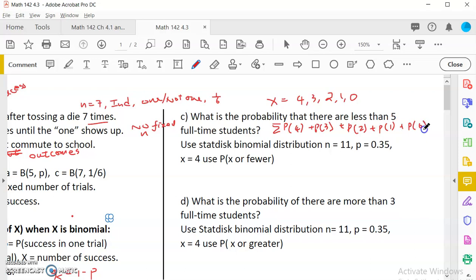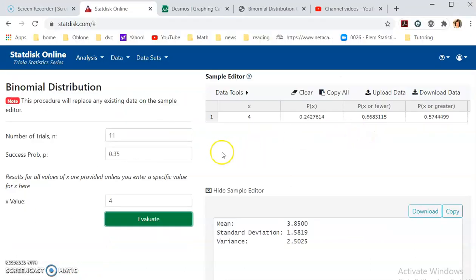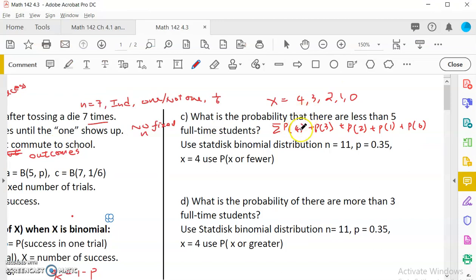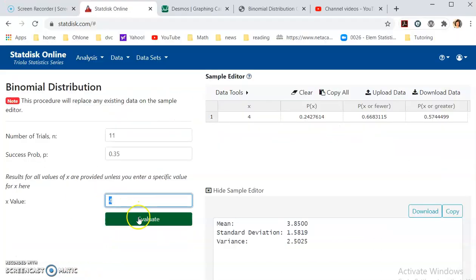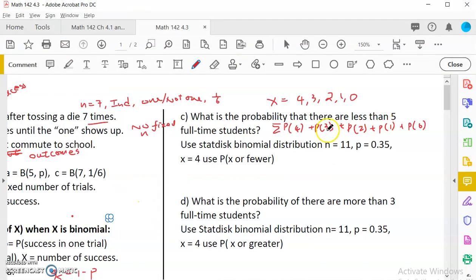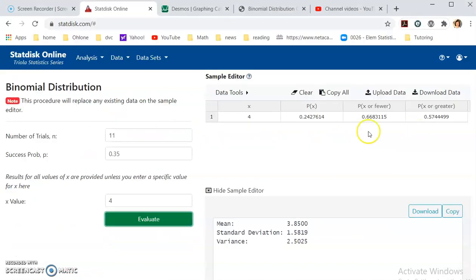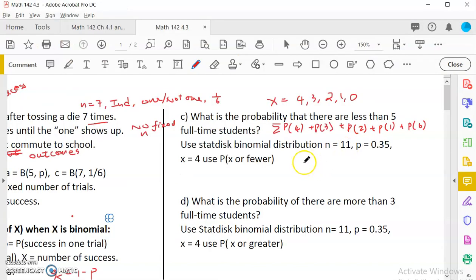Of course, you can do each one and then add them. But you can just say, well, I start off at 4. So I'll just use 4, evaluate, and these are all 4 or fewer, right? 4 or fewer is 0.668. That's it. They calculate it for you. Use P of X or fewer. So that is 0.668.